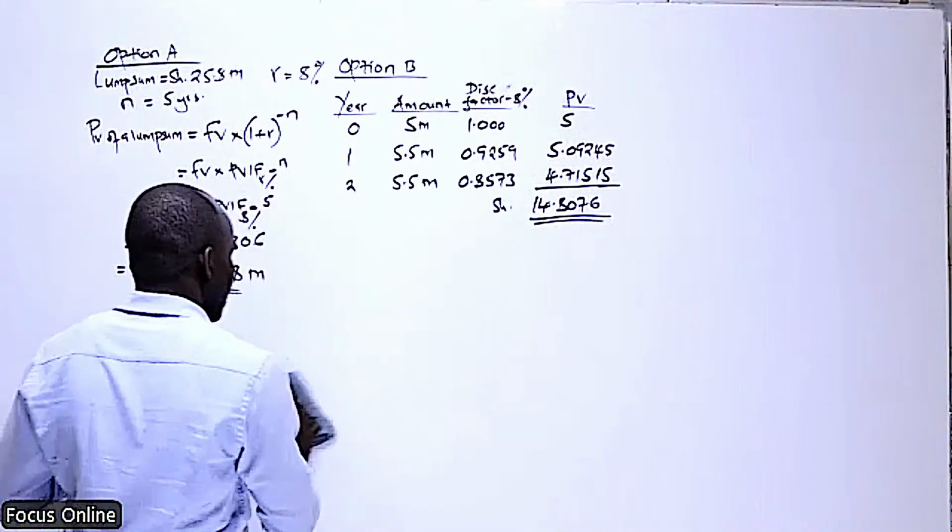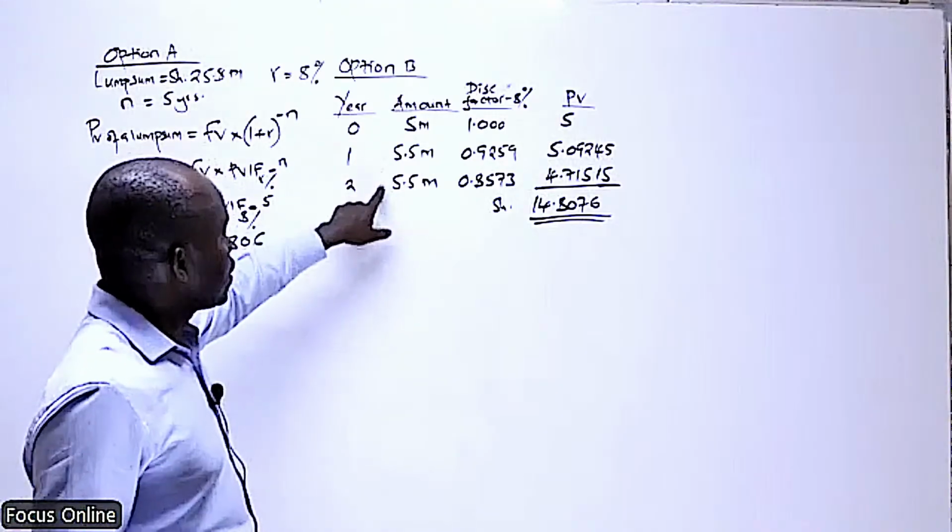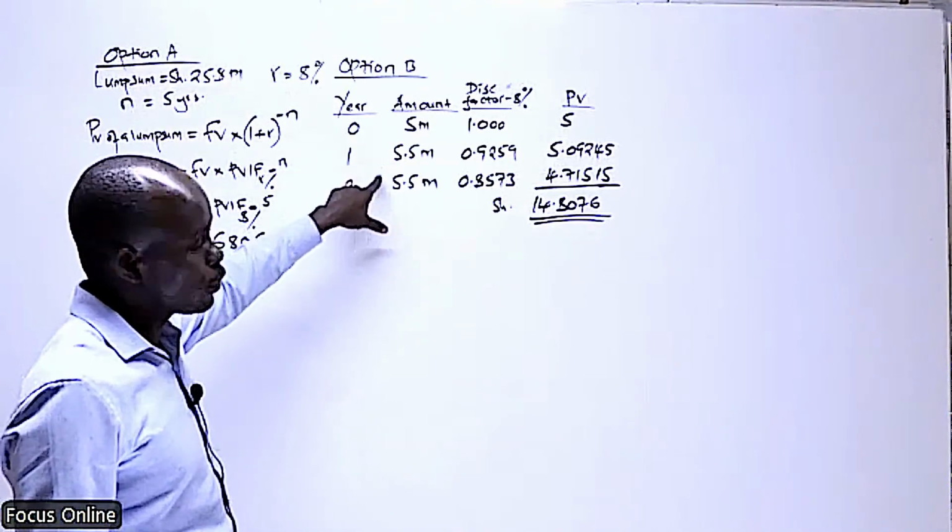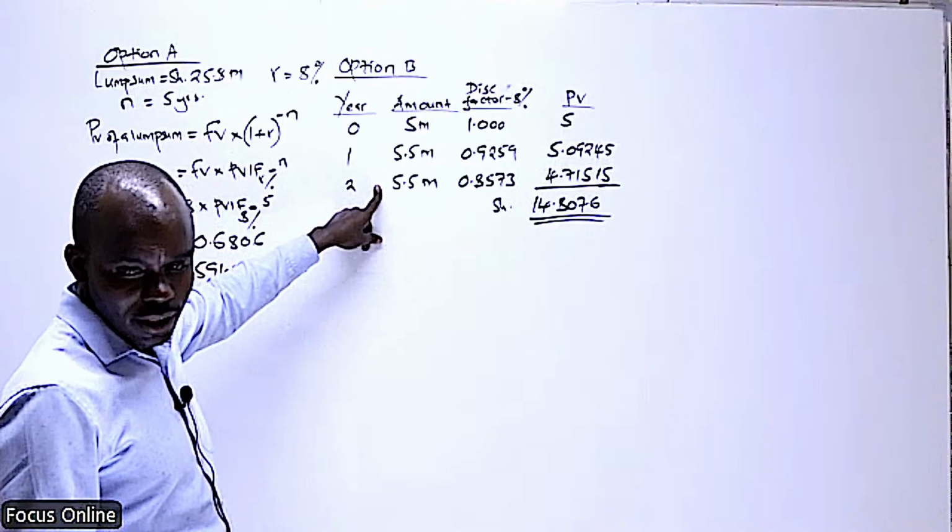Or remember, these are annuities. The 5.5 million is an annuity because the payments follow each other.